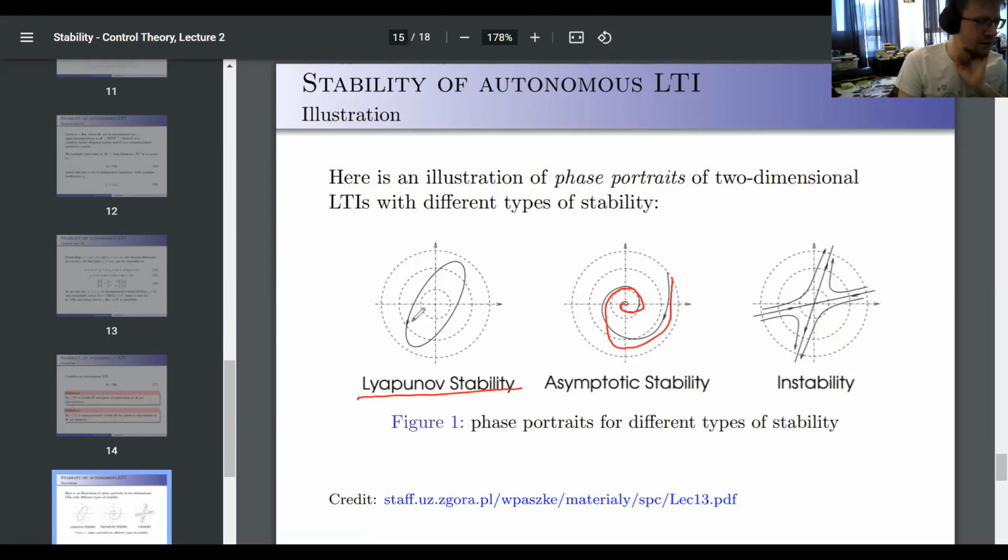They go around in those orbits. That is marginal stability. And here's divergence. Why divergence? Because this solution, for example, goes away from the origin towards infinity. So you see, this is divergence.